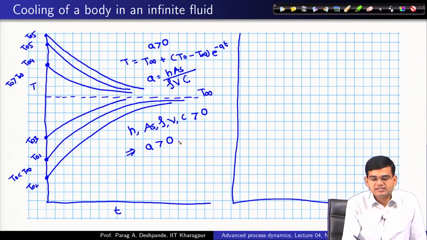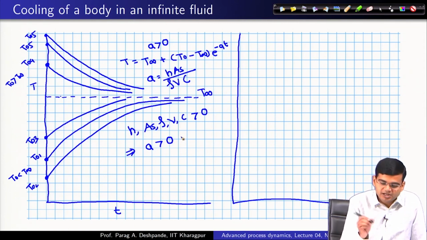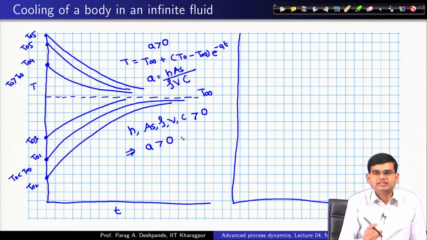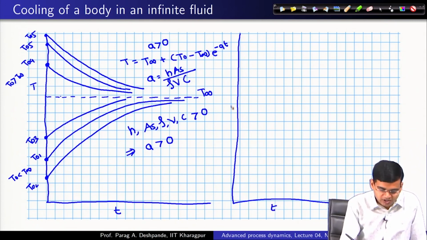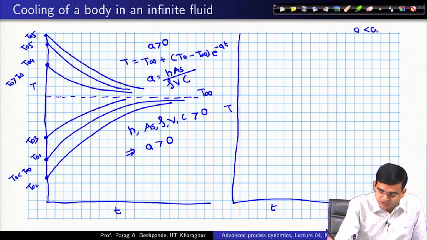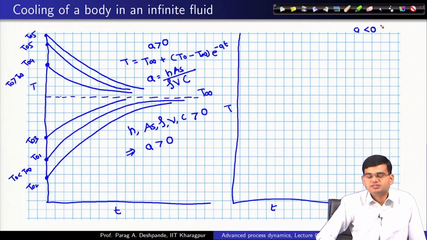Had it not been the case, then how would the phase portrait have looked like? Now, physically this is not correct, let me emphasize this, but for the sake of mathematical completeness, if you want to draw the exact same system for a less than 0, then how would the system look like?